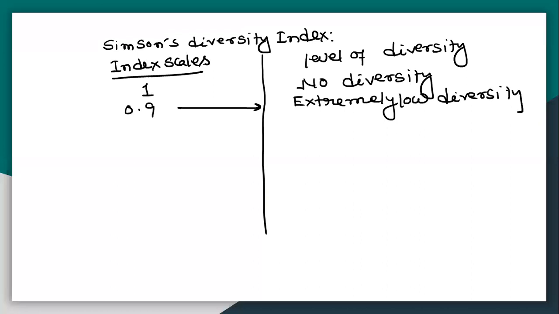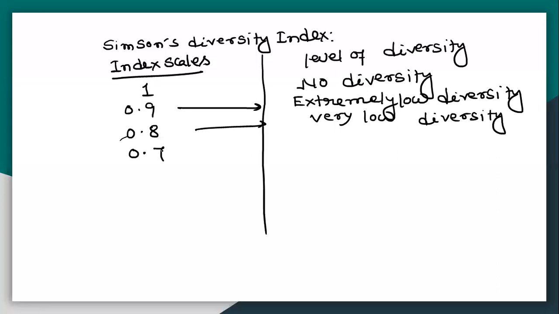If the Simpson diversity index value is 0.8, it is very low diversity. 0.7 is low diversity.